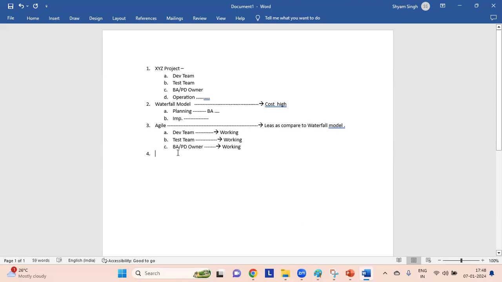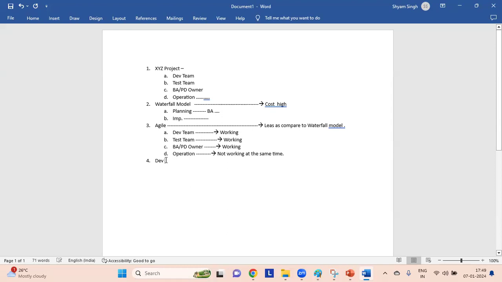Now, DevOps. But still you can see that here the operation team is working in isolation, here also and here also. Not working parallelly, not working at the same time, correct?